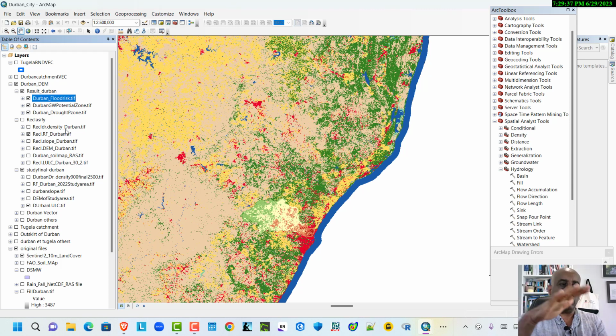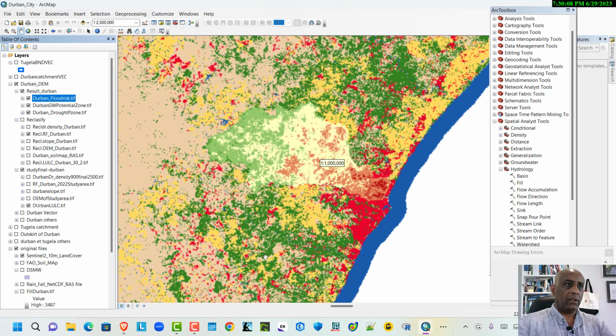We just overlay them and determine the percent of influence of each of these layers, and then we give a scale factor which place has to have a higher scale and so on. Then we analyze, and the result I obtained is this.